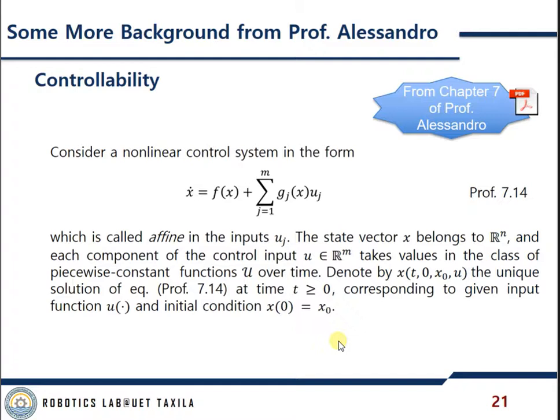And let me denote by x of t, comma 0, x naught, u the unique solution of equation 7.14 at time t greater than 0 corresponding to a given input function u and the initial condition x0. So the unique solution, we are describing it with this variable, or these notations.